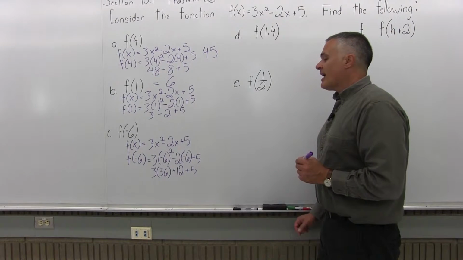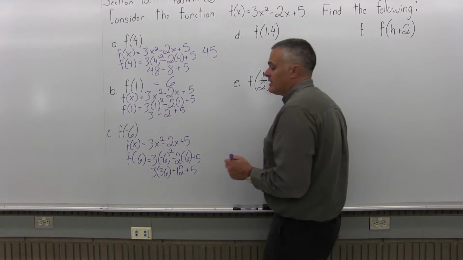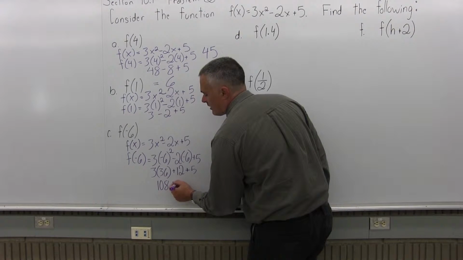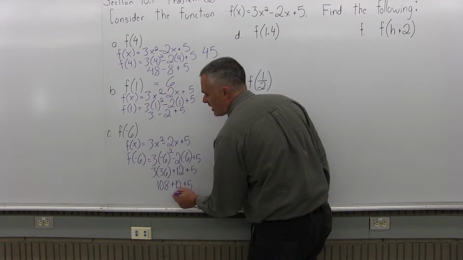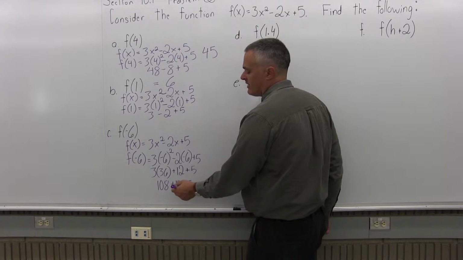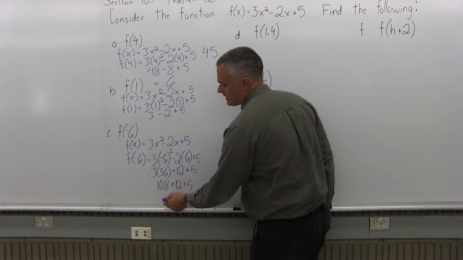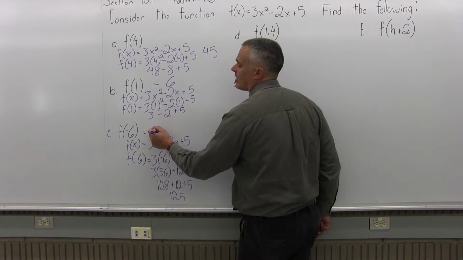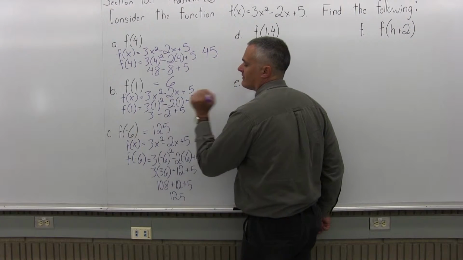So 3 times 36 is 108. And then plus 12 more, plus 5 more after that. So 108 plus 12 is 120, and then 120 plus 5 more is 125. So if you put in a negative 6, you get out a positive 125.